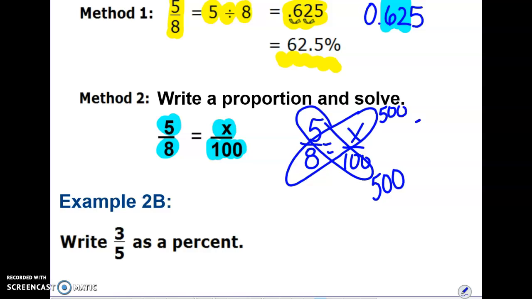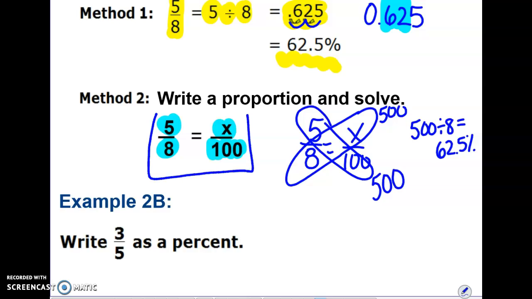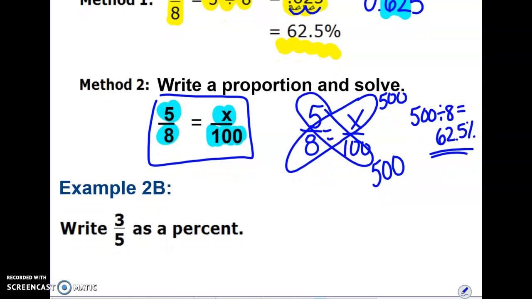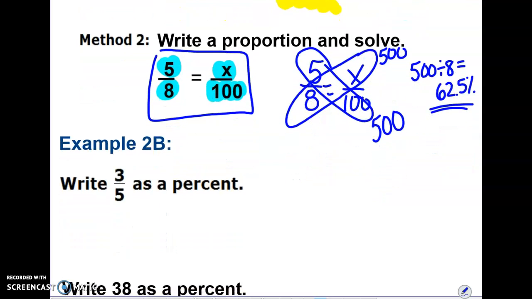So in order to do that, we could do 500 divided by 8, and that will give us our answer right away. Now, the first way is a little shorter, but if you notice right here, you have to move your decimal point. If you set up a proportion like this right away, your answer will be given to you already as the actual amount, so you won't have to move the decimal point at all.